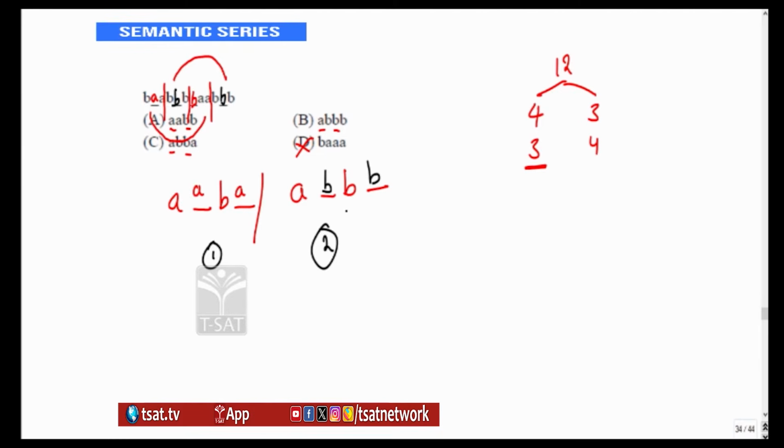Check the options. You have option B, so B is the answer because the second one shows A triple B. So in this question, we simply divided the question into parts, and after seeing the parts we checked for the common. The student has to always check for the common: how many letters are repeating and how they are repeating.